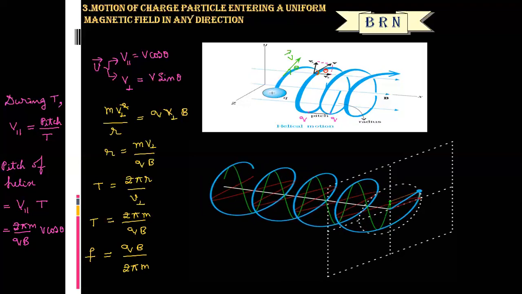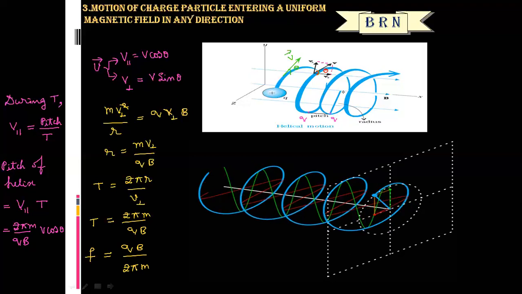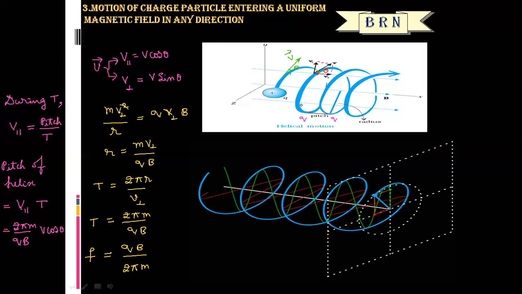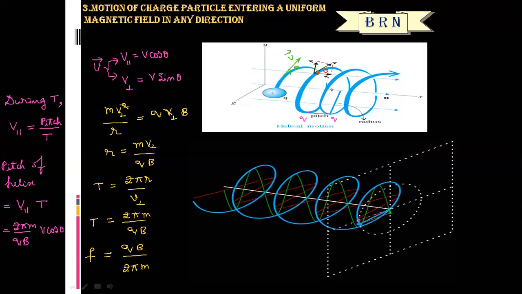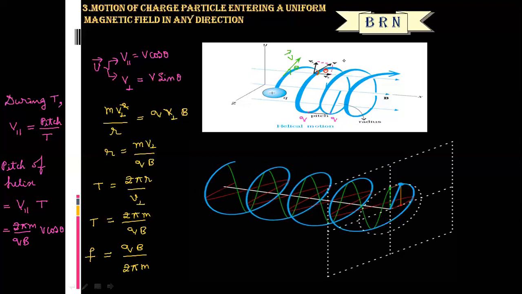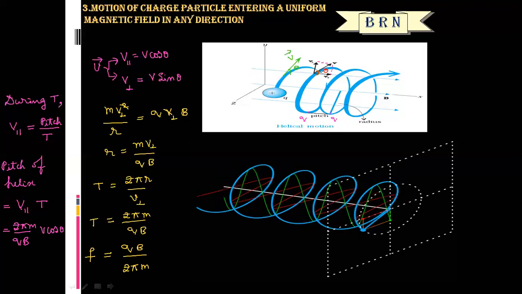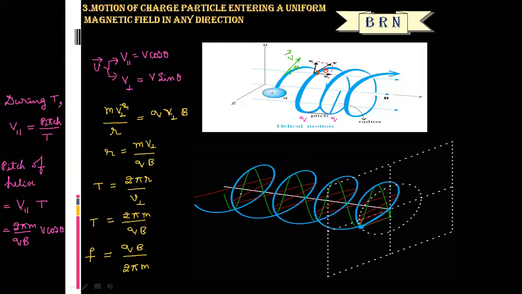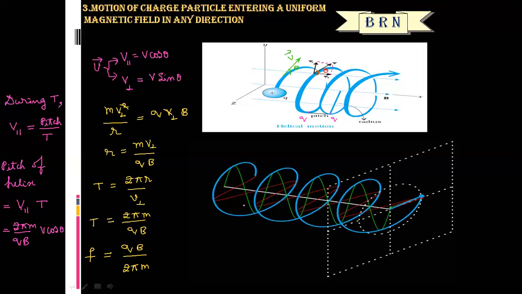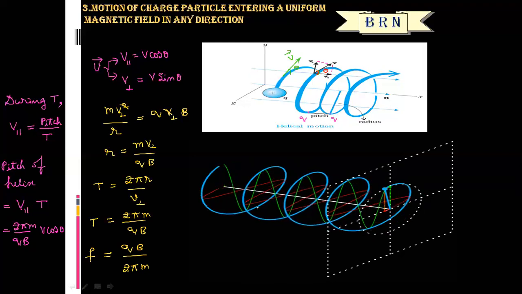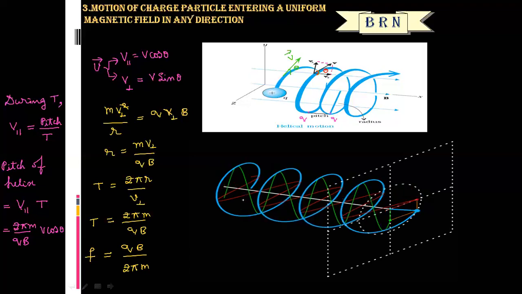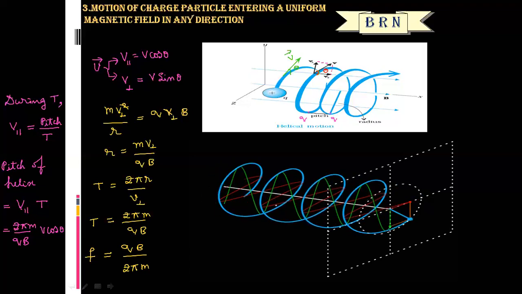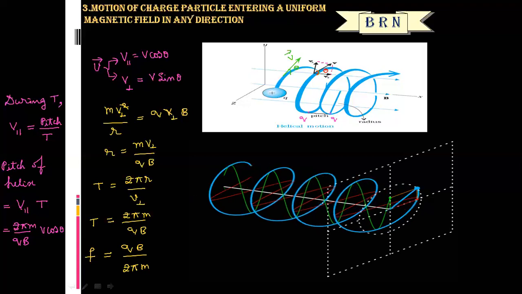If a charged particle enters a uniform magnetic field in any direction with the magnetic field, look at this animation: the charged particle describes a spiral path or helical path.